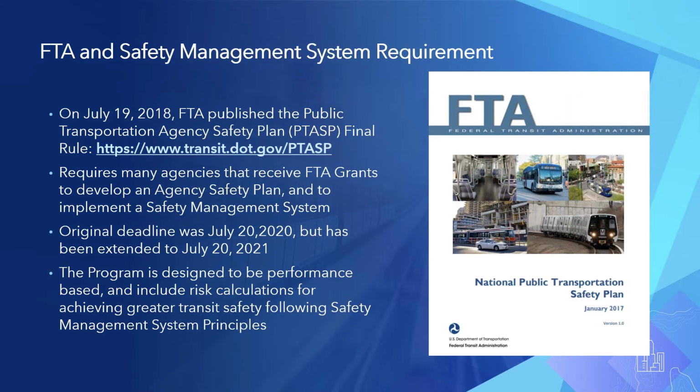The rule was originally meant to be fully implemented by July 20th of 2020, but has been extended to 2021. And at heart, the rule was designed to move public transit agencies to a more proactive approach to safety, one that is both data and performance driven, and which relies on calculations of risk to help guide resource and investment decisions.